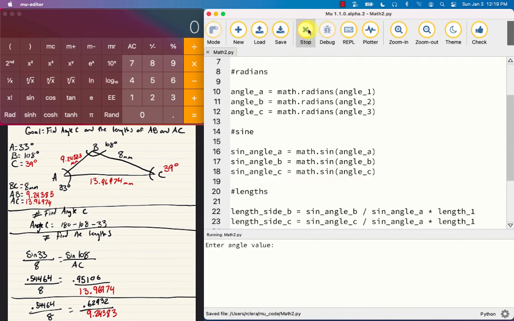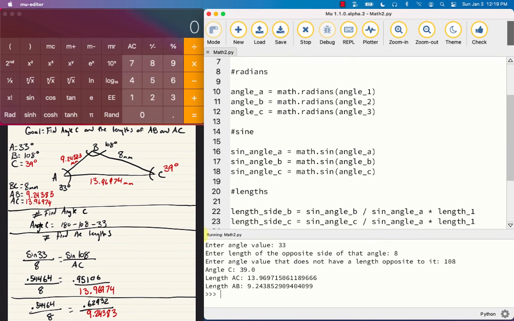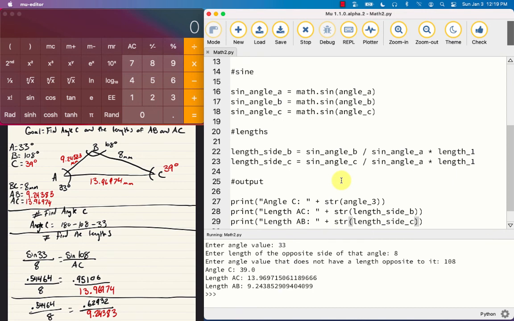Okay, so enter angle value 33, and the side opposite to it is 8. The angle value that does not have a length opposite to it, that was 108, and boom, angle C 39 degrees, length AC 13.969715, length AB 9.24385.